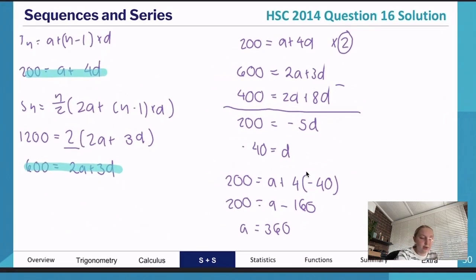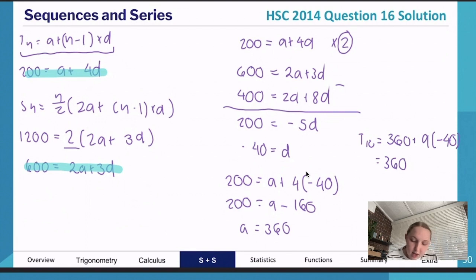Okay, so then we can use all of that back in our first formula to find the value of the 10th term. So T10 is equal to 360 plus 9 times minus 40. 9 times minus 40 is minus 360.